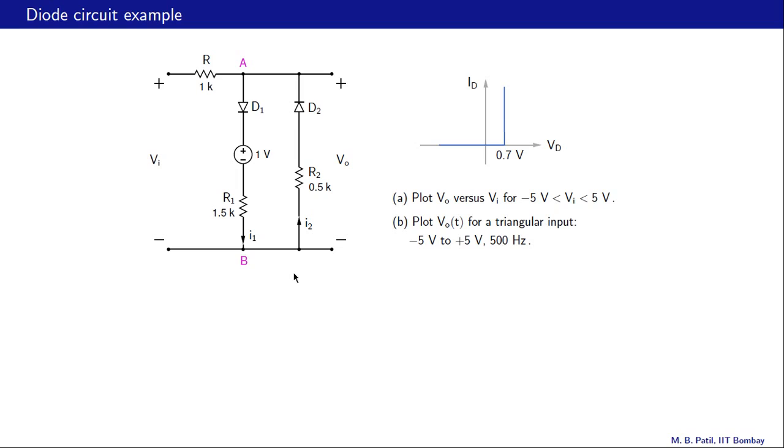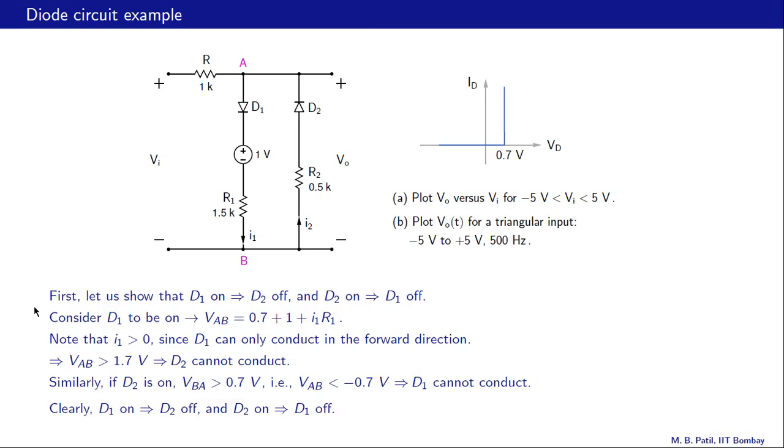In other words, for D2 to conduct, we require VBA to be greater than 0.7 volts, and what that means is VAB must be less than minus 0.7 volts. So we require VAB to be greater than 1.7 for D1 to conduct, and we require VAB to be less than minus 0.7 for D2 to conduct. And clearly these two requirements are contradictory, so therefore we can have either D1 conducting or D2 conducting.